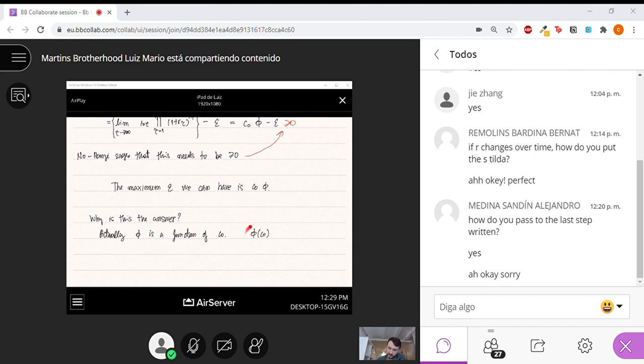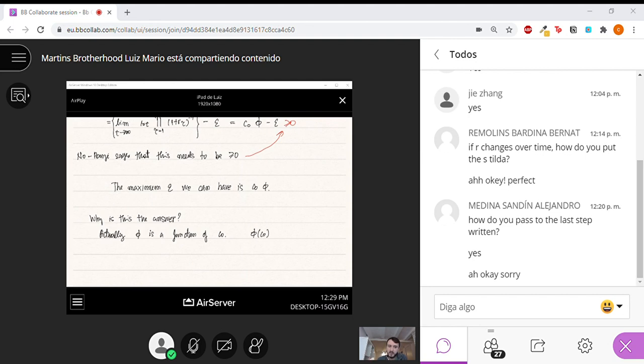And this would be a case in which phi is going to infinity, right? So we need to consider C0 here in the answer, because phi depends on C0. And one case that we have is that if C0 goes to 0, this phi will go to infinity. And probably, I haven't made the calculations.